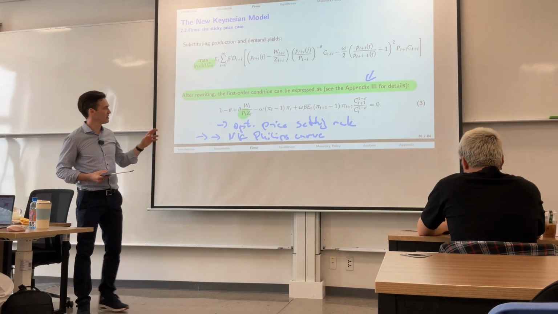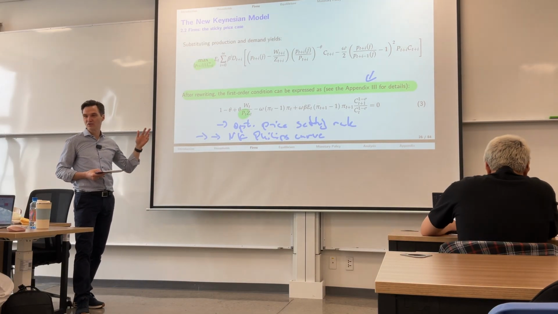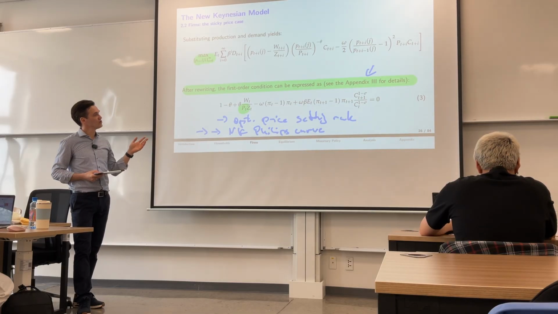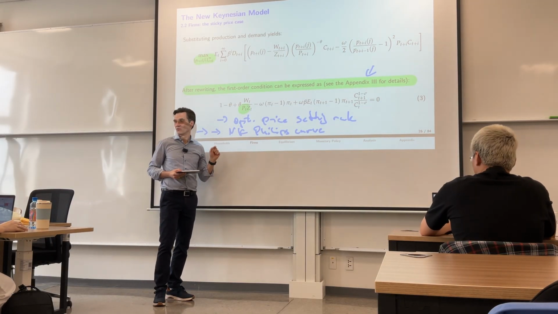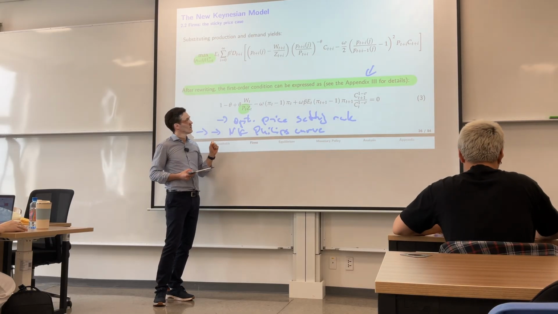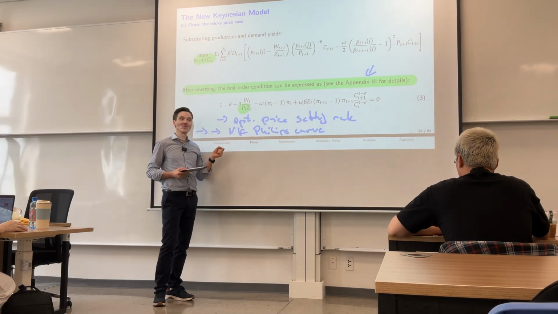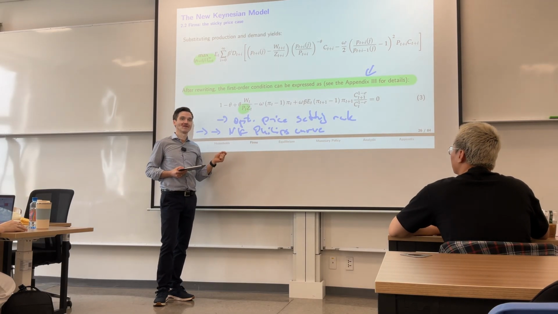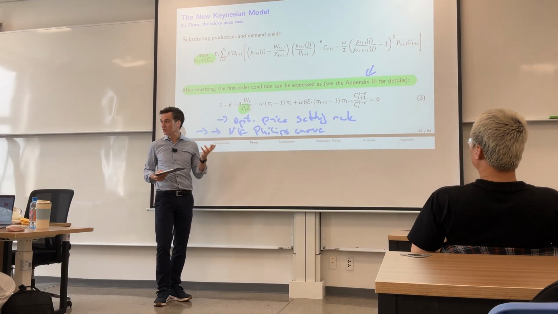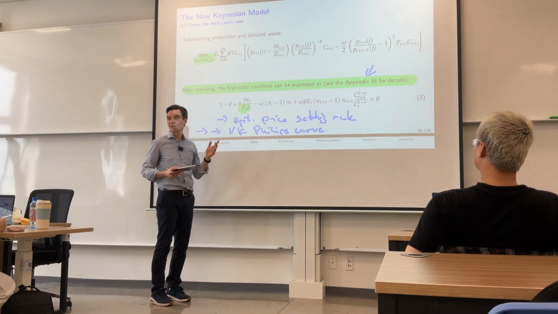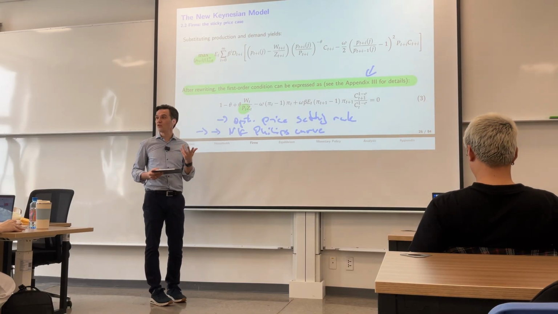So that's why I'm going to proceed now in two steps. First, let's consider the case when omega is equal to 0. What is this model when you set omega equal to 0? Prices are flexible, exactly, right? When omega is equal to 0, prices are flexible. So that's a useful starting point.